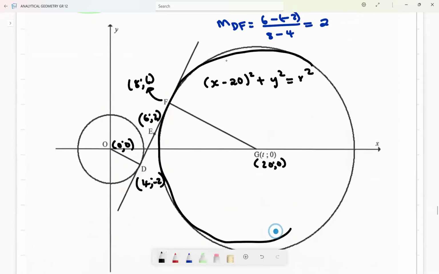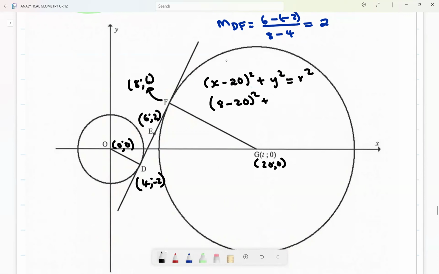Here, any point on the circumference, it is F. So I'll use F. I'll say x is how much? 8 minus 20 squared plus 6 squared is equal to r squared. And then you see that r squared is something like 180. So if r squared is 180, it means I can come back and say x minus 20 squared plus y squared is equal to 180.